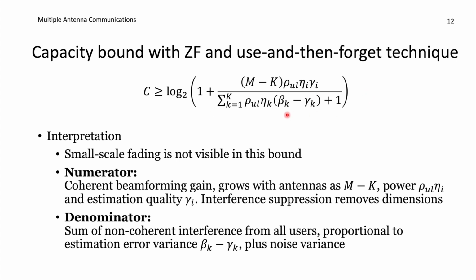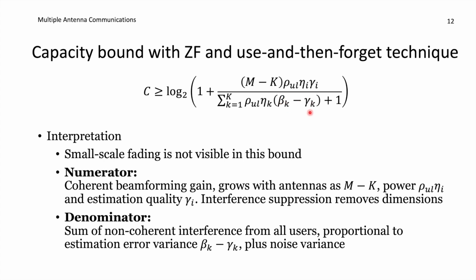In the denominator, we have the noise term here, and then we have a sum over all of the users, including the user i, which is the user that we are considering here. For each user, we have rho uplink times eta_k, this is the transmit power of user k, and that is multiplied not with the variance of the channel, but the variance of the estimation error of this channel, which is beta_k minus gamma_k.